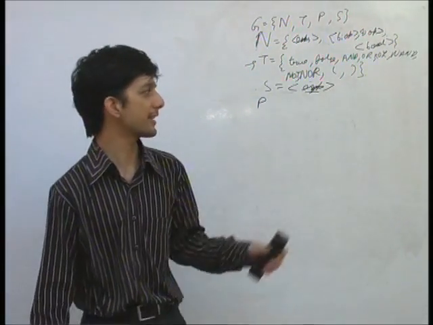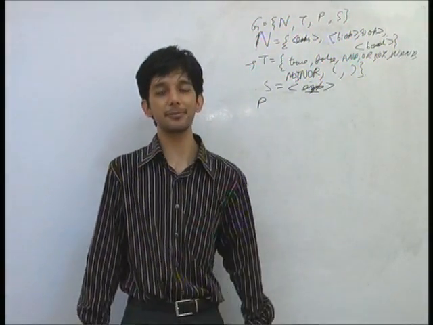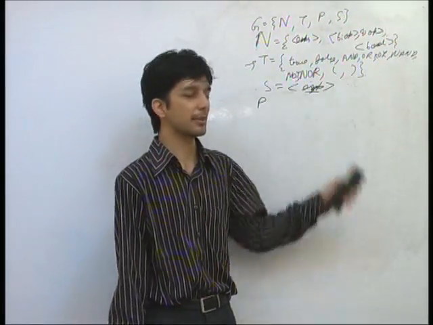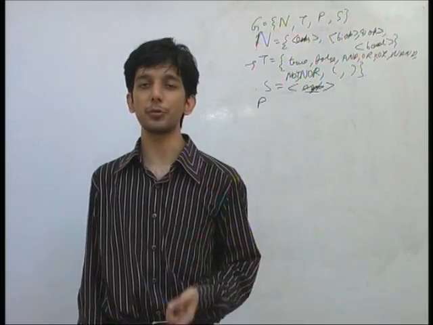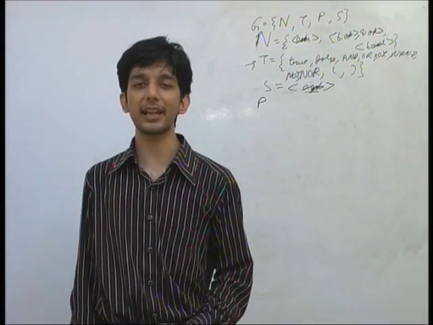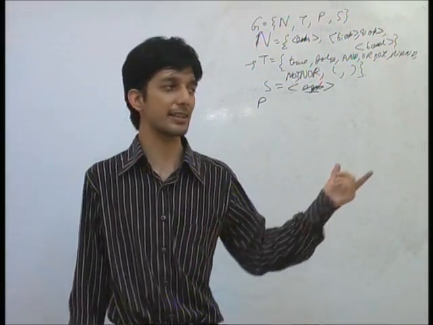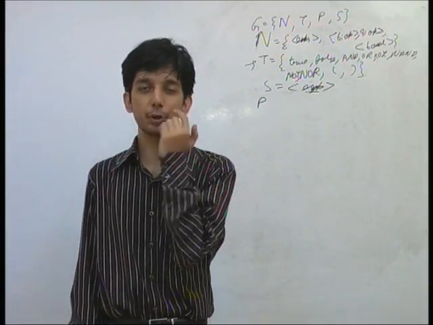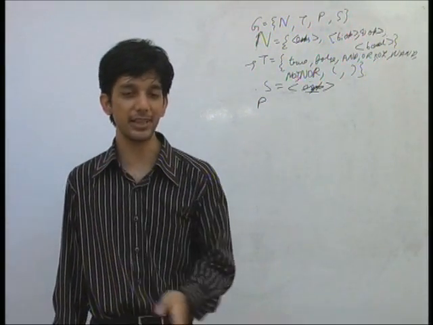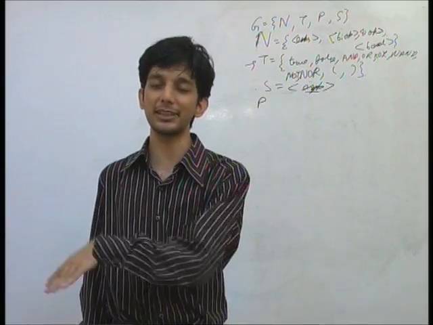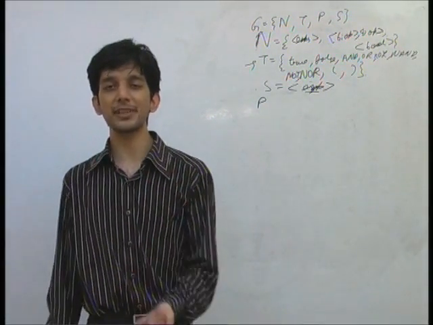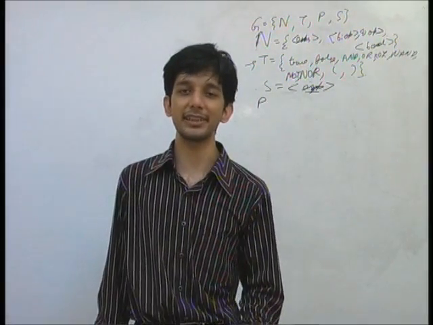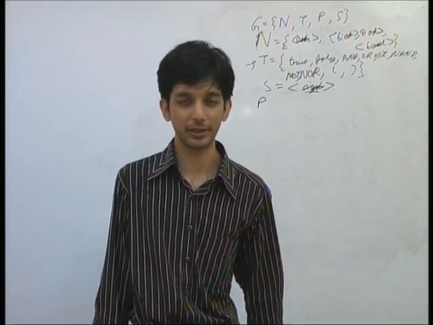The start symbol is usually kept non-terminating in nature because if the start symbol is terminating, my entire grammar can model only one thing. The production rules always carry forward the replacement of non-terminating with a set of terminating or non-terminating symbols. I need to always start with the start symbol. If this is terminating, I cannot apply any production rule over it.